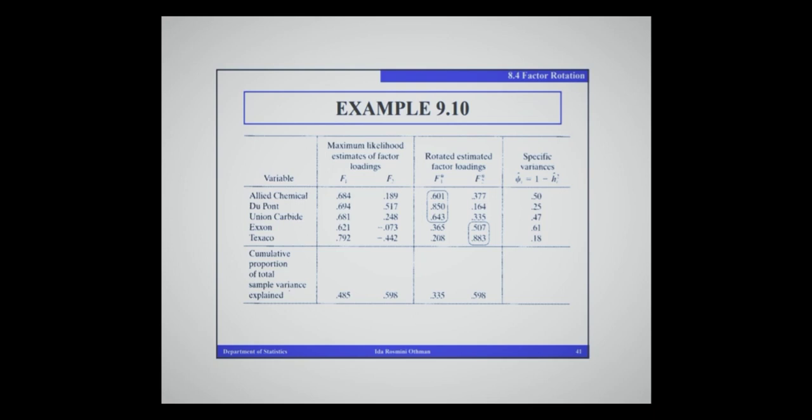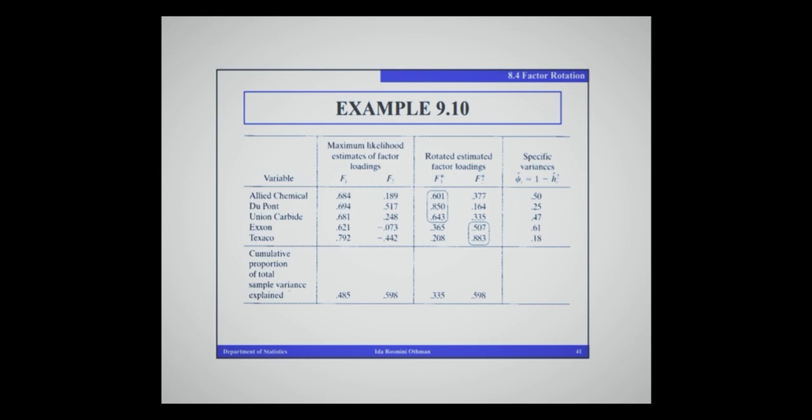The same goes for example 9.10. If you can see, if we do not do the rotation, the values here are about 0.6, 0.6, 0.6, but the second one here is 0.5.